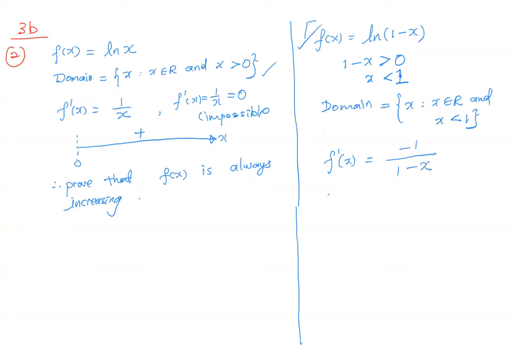So for x less than 1, 1 minus x will be greater than 0, correct? Yes. So therefore f prime x, which is equal to negative 1 over positive, will be less than 0, correct?